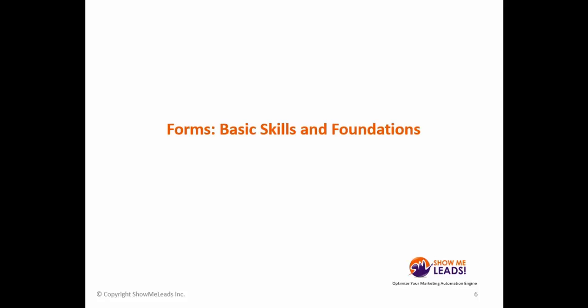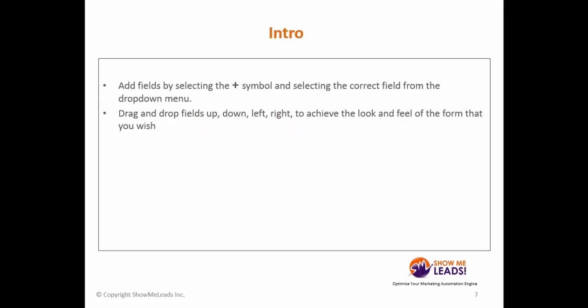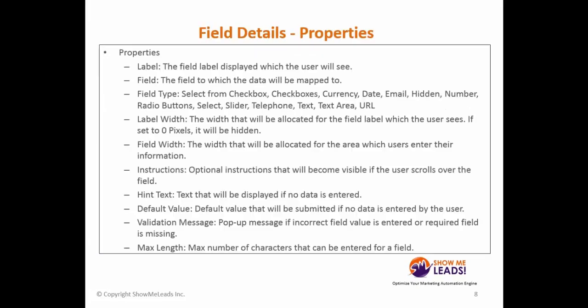Now you can add more fields with the plus sign and select them from the drop-down menu. You can drag and drop the fields up, down, left, right to achieve the format which you want. Now, when you select a field, what you have on the right-hand side are form properties.